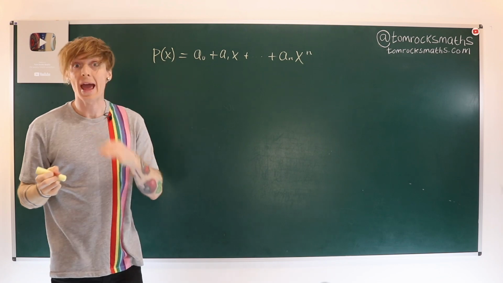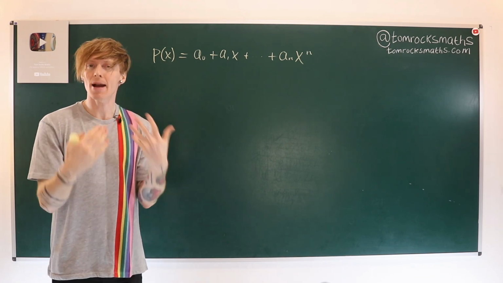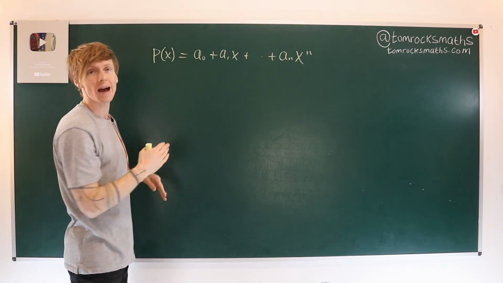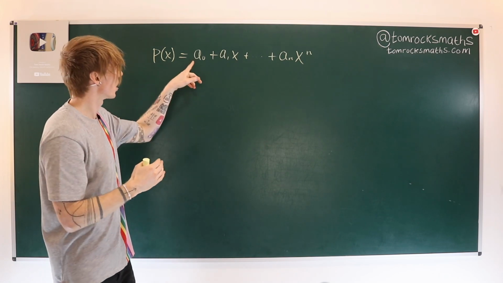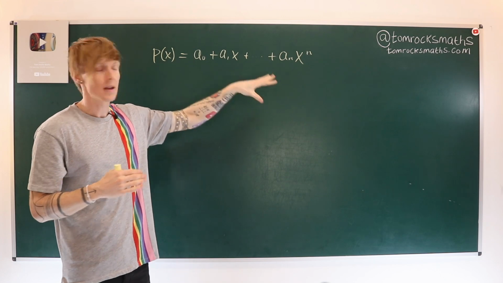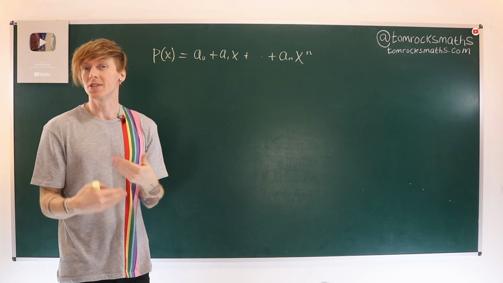Now, given any polynomial which has a maximum degree of n, it has to have this form, where the coefficients a0, a1 up to an can of course take any value, which does include 0.